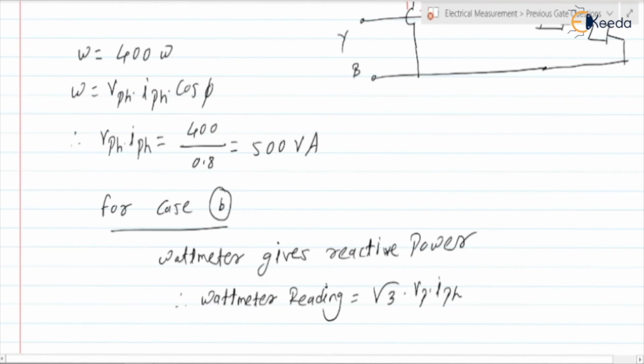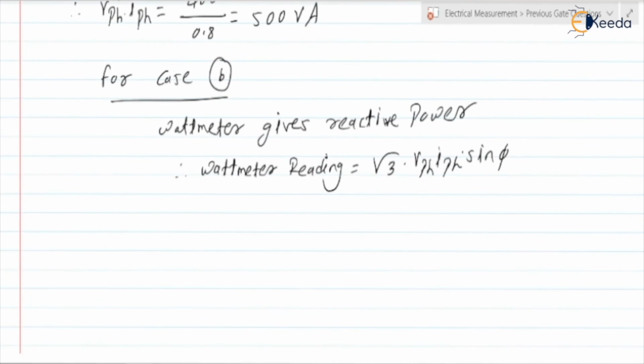Or Vph into Iph into sin phi, correct? So we can write it is equal to root 3 into Vph into Iph, which we have calculated as 500, into sin phi, which is 0.6.